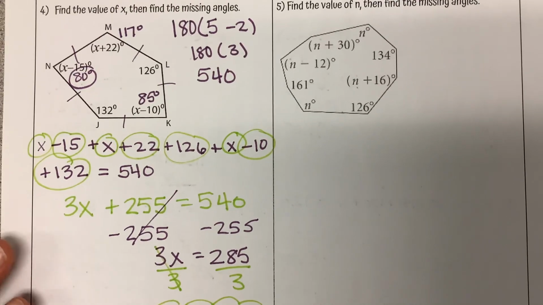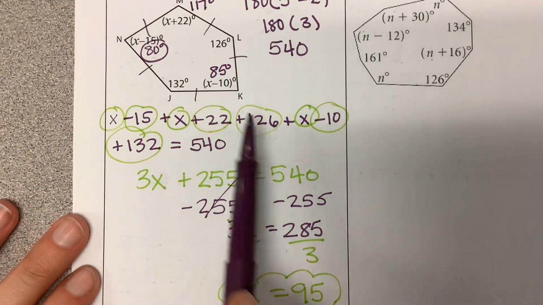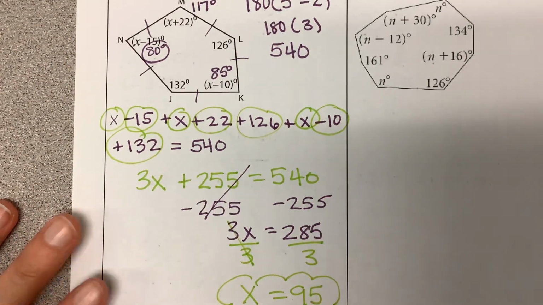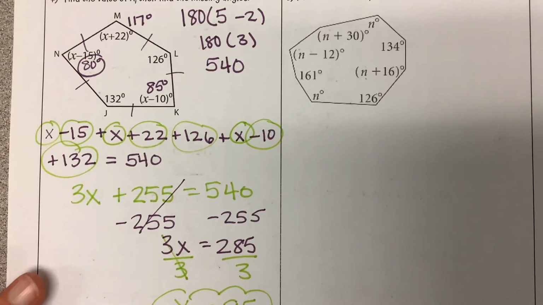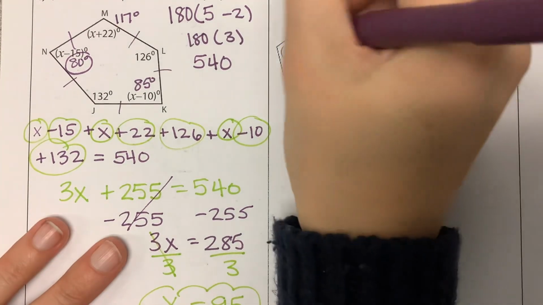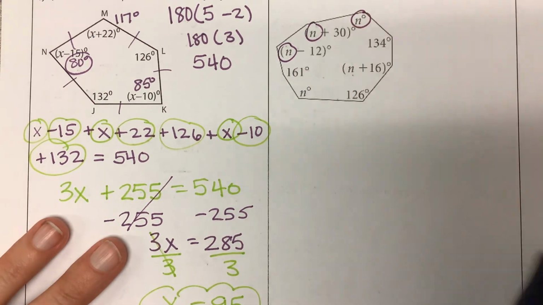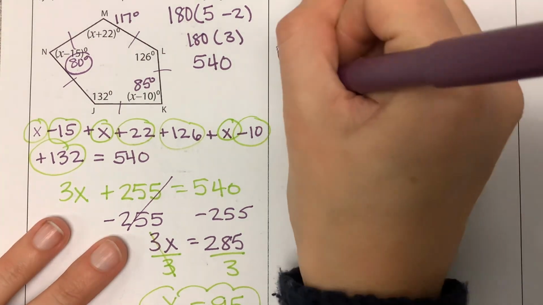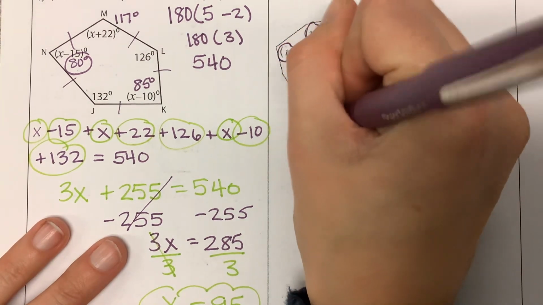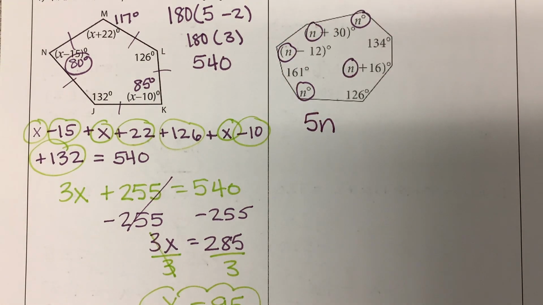For number 5, we're doing the same thing. What I'm going to show you is if you don't want to write out this long equation and you want to simplify first, I'm okay with that. Just be careful. So if I'm looking at this, I've got n, and another n is 2 n's, 3 n's, 4 n's, 5 n's. So if you want to go straight to combining that to get 5n, that's fine.